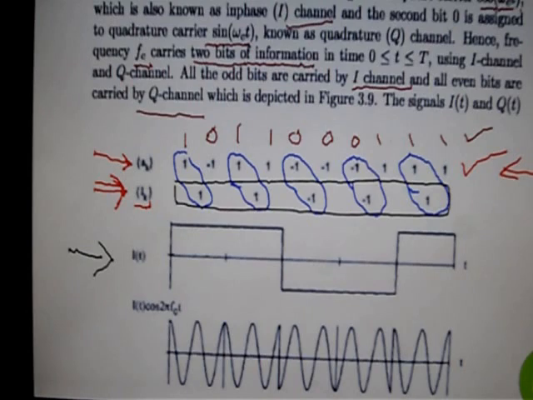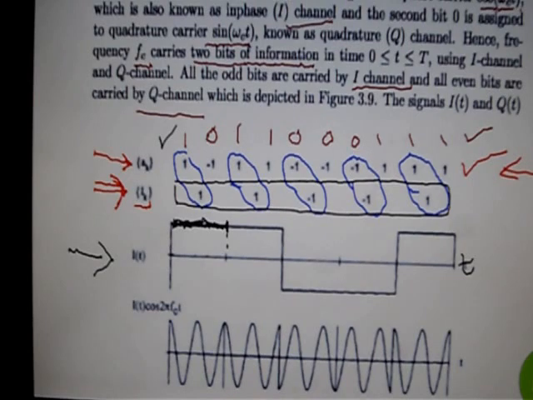You can see this is our time axis. Now the first bit is 1, so you have a positive polarity. Now the next bit we are not counting. The next, third bit will come after 2 bit periods. So when the source generates this data, the period of I of t is 2 times the period of the source data.